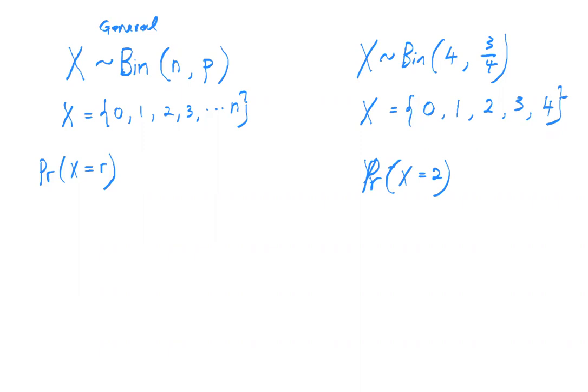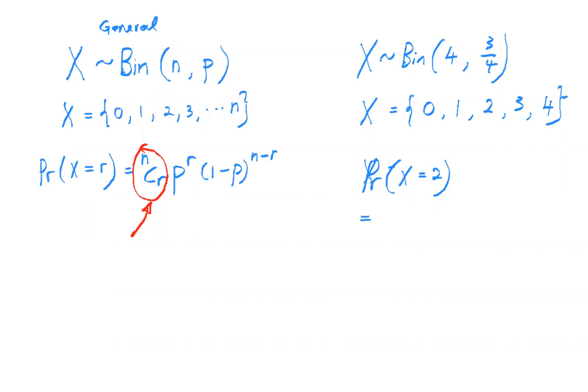So according to the formula, it will be nCr p to the power r, 1 minus p to the power of n minus r. This is the formula. So you have to know the meaning of this. I told you already, it's the number of ways to get r successes out of n trials.